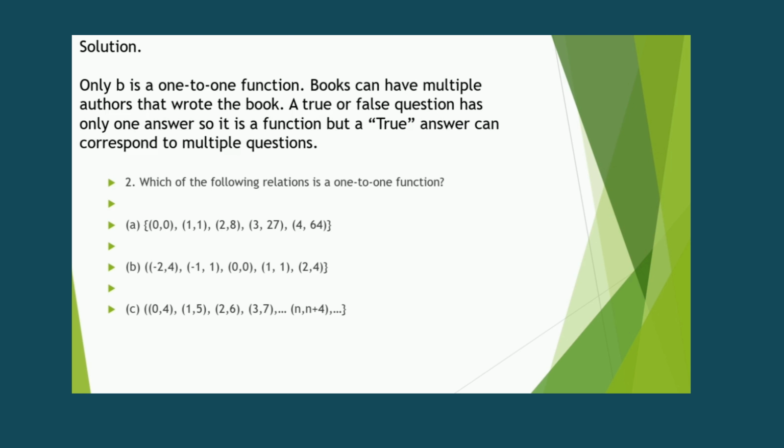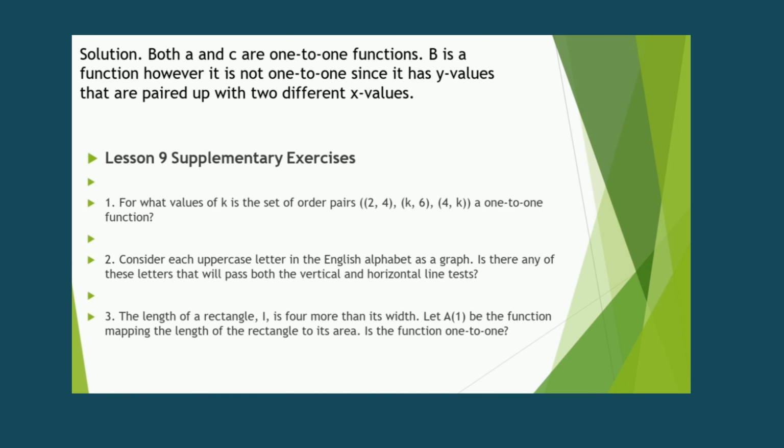Letter C. 0 and 4, 1 and 5, 2 and 6, 3 and 7, n and n plus 4. Solution. Both A and C are one-to-one functions. B is a function, however it is not one-to-one since it has y values that are paired up with two different x values.